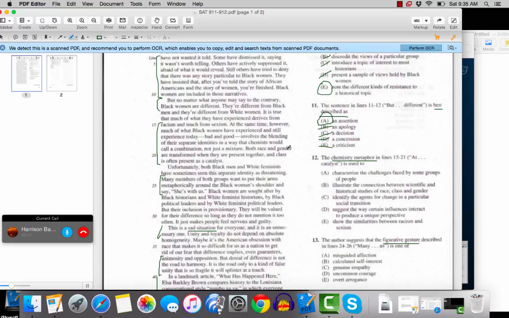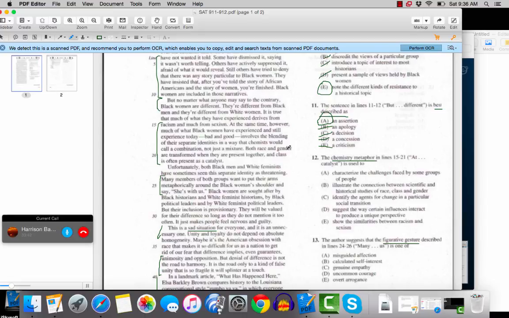What's got you picking A? So, if you look at illustrating the connection between scientific and historical studies of race, class, and gender, there's nothing about scientific studies or historical studies yet in the passage. Okay. C is saying identify the agents for change in a particular social transition.